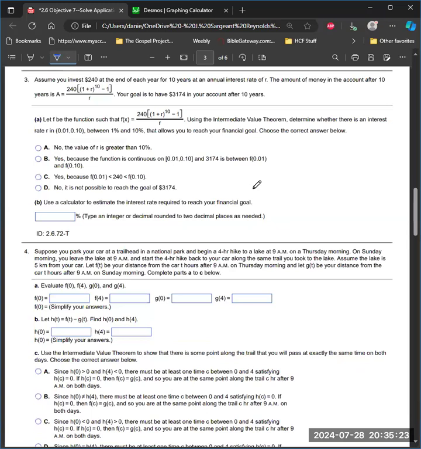Let's go ahead and assume you invest $240 at the end of each year for 10 years at an interest rate of R. The amount of money in the account after 10 years is A equals 240 times the quantity of 1 plus R to the 10th minus 1 divided by R. Your goal is to have $3,174 in your account after 10 years.